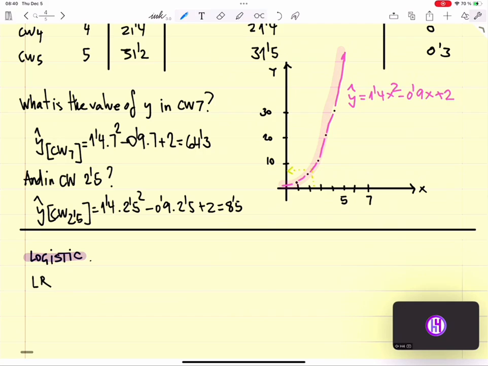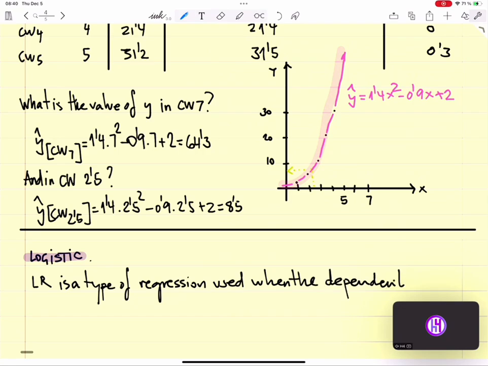Logistic regression is a type of regression used when the dependent variable y is binary.